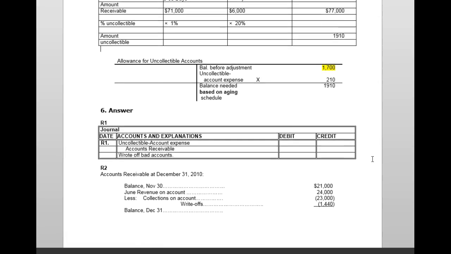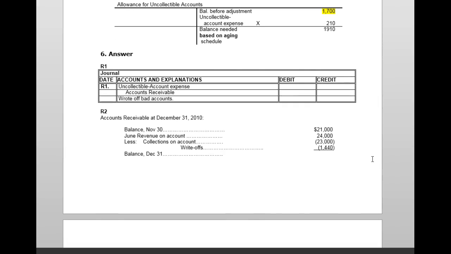And now we are looking at 6, and 6 is looking at a direct write-off. And they're real easy to make because you declare the amount that you're going to write off. And in this case, it was $1,400. Usually you write these off as they happen.